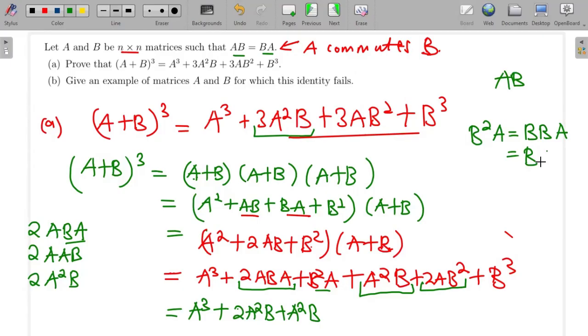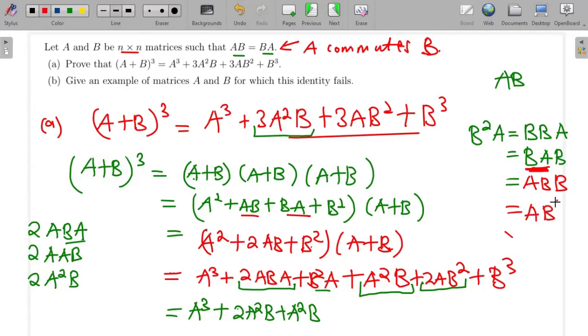So I'll just write A and then B. And then again, since AB is equal to BA, I can replace this BA here with AB. So I write A and then B, and then this B is there. So meaning here I just have A, and then this is BB.